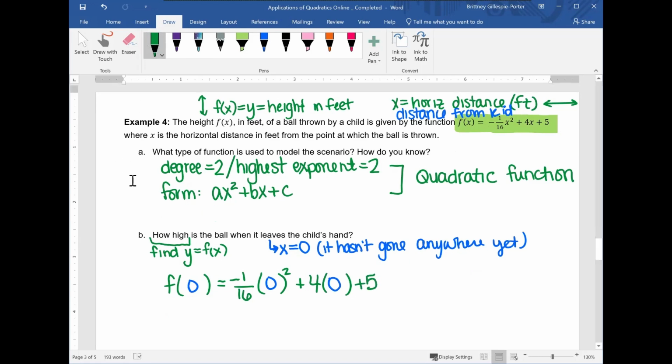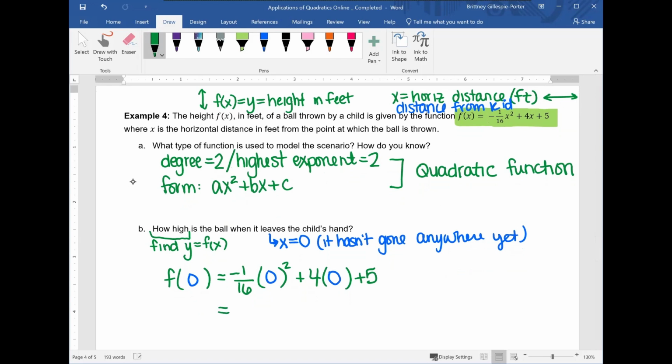And we find out that the ball is 5 feet high because this entered into your calculator gets you 5. So our answer, the ball is 5 feet high, which means that the kid is throwing it at 5 feet.